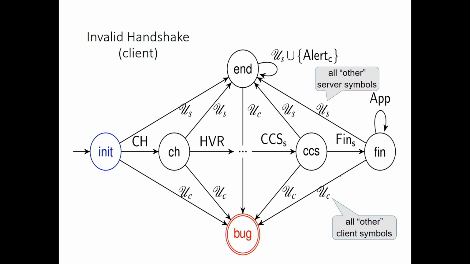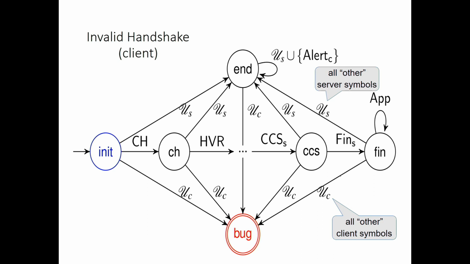It actually looks very hairy, but it's very simple. In the middle here, you have the sequence of messages, of packets, that a correct handshake has. This is for the DTLS client.